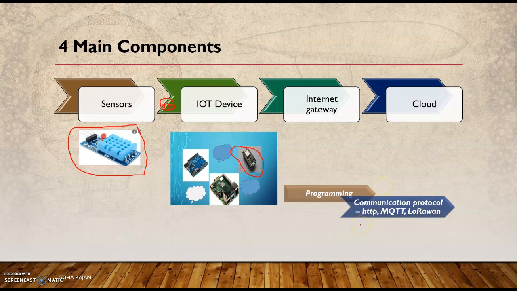The commonly used protocol is HTTP, then a protocol called MQTT, and of course LoRaWAN, which is for narrowband wide area networks. We'll get into that in a little more detail later. But if you get into the protocols, it is too technical and difficult for a non-technical person to understand.